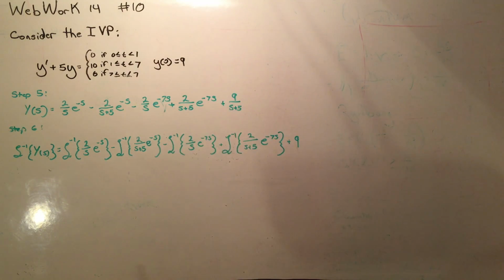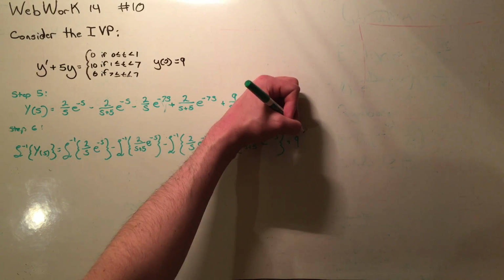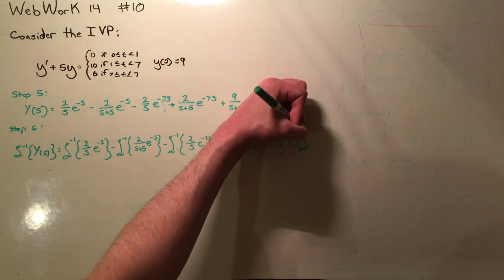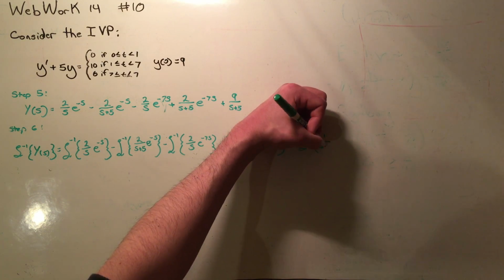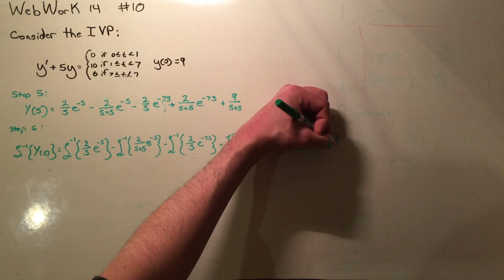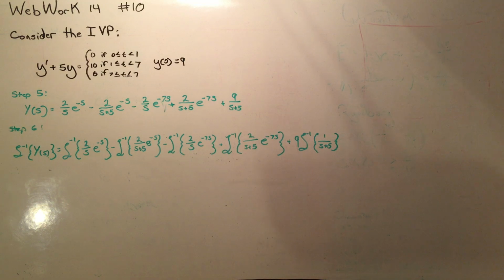I'm going to pull the 9 out of this one just to make this simpler. Okay. All right, so it's pretty straightforward from here, with the exception of one item, which I'll get to.